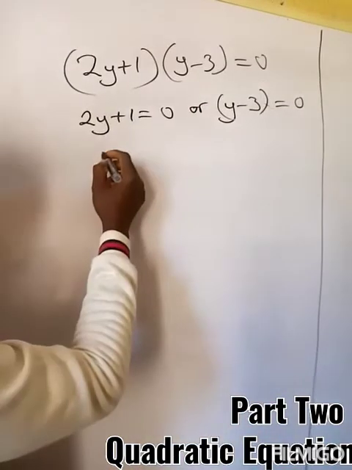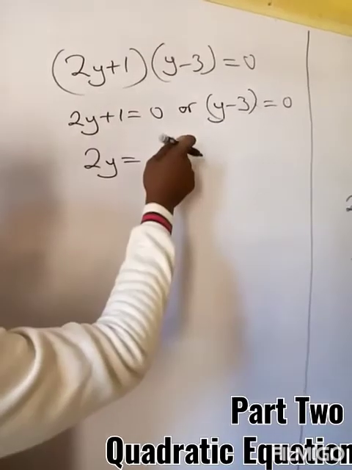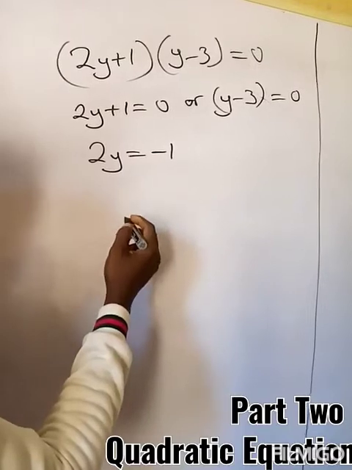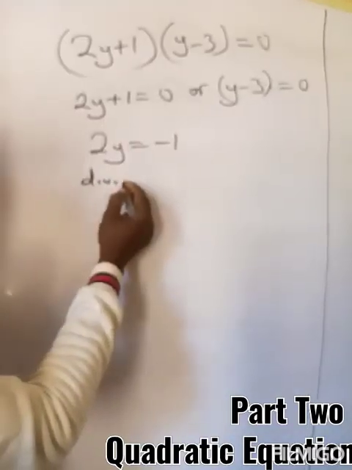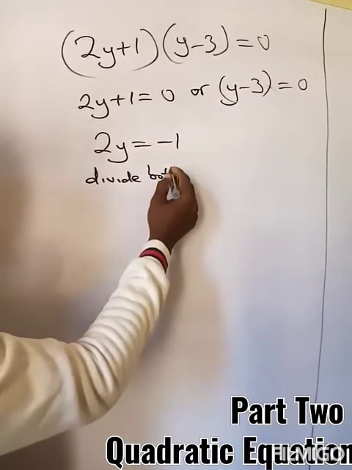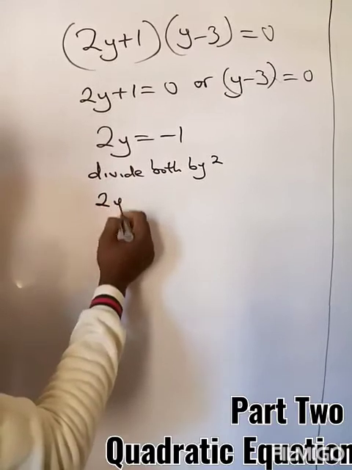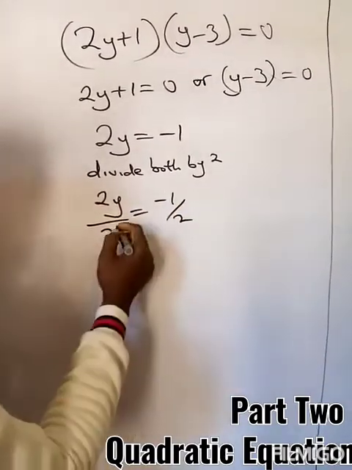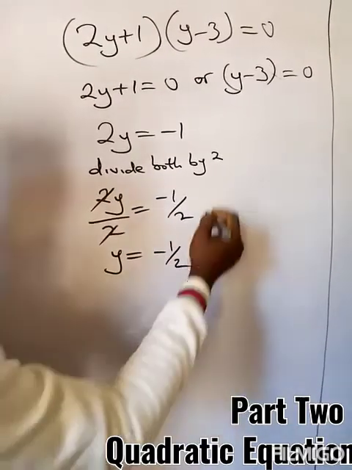Now this one can become 2y equals minus 1, since 1 goes to the other side and turns to minus 1. Then we divide both sides by 2. So it becomes 2y over 2 equals minus 1 over 2. 2 cancels 2, and our y equals minus half.